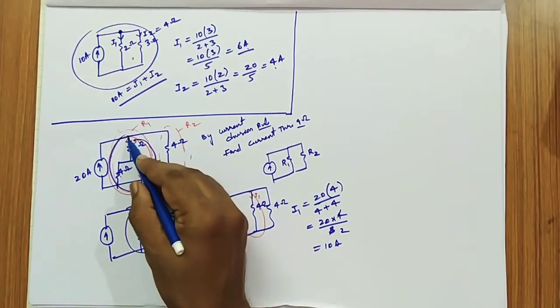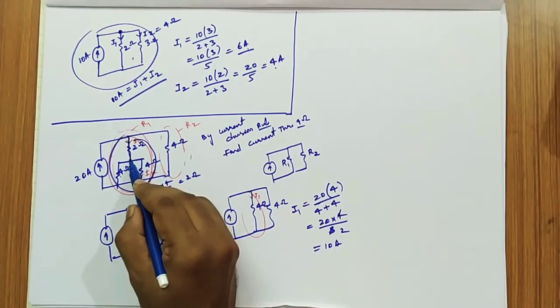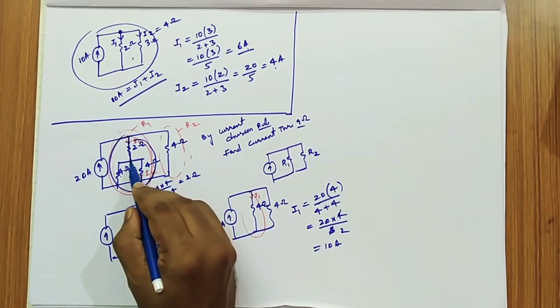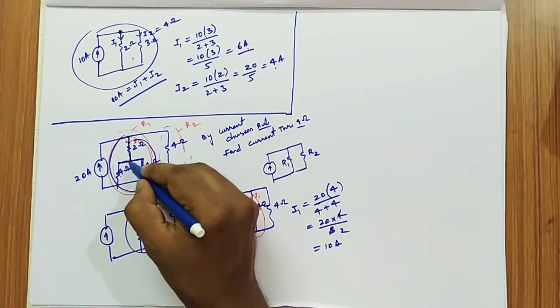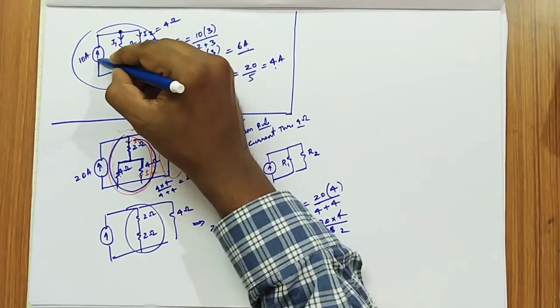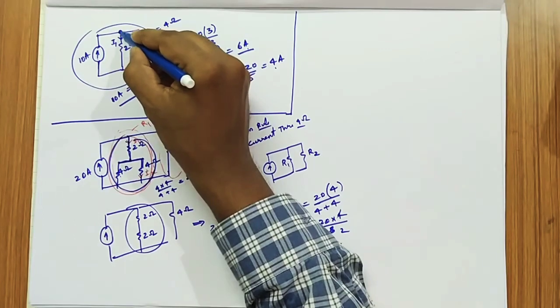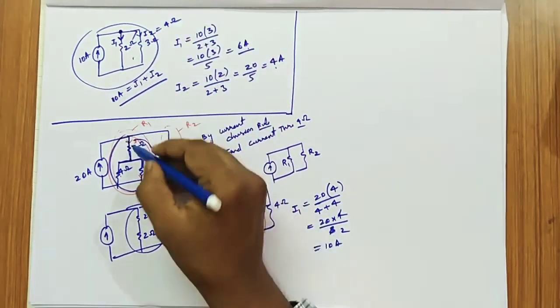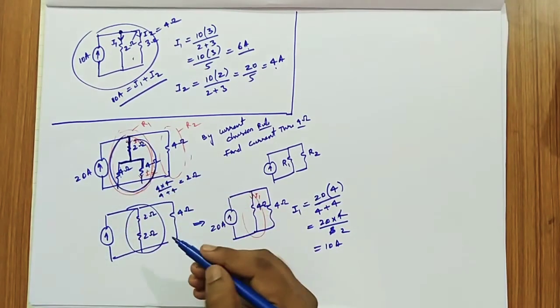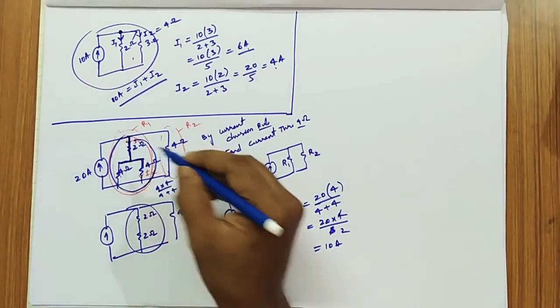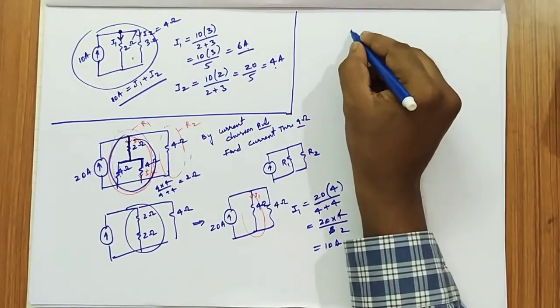If 10 amps is flowing through this branch, and up to here it is 10 amps flowing, again this 10 amps will get divided. So again the current is getting divided. Here, what is happening? Current is flowing here and it is dividing into two branches. Similarly, I1 current is flowing, and again it is getting divided. So if you know I1, again I am replacing here.